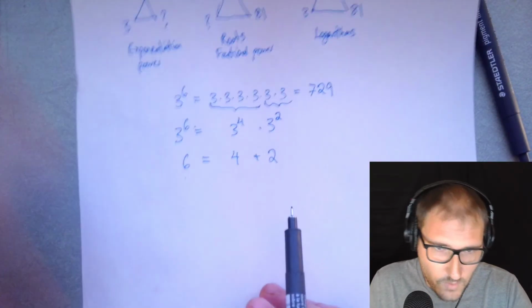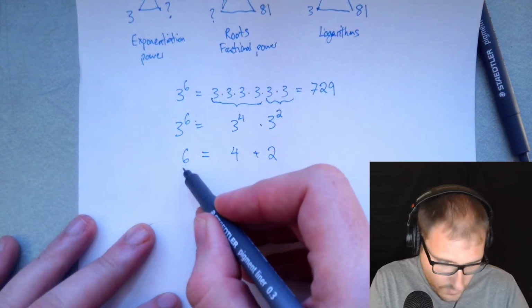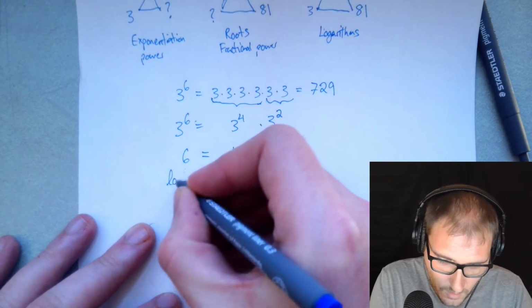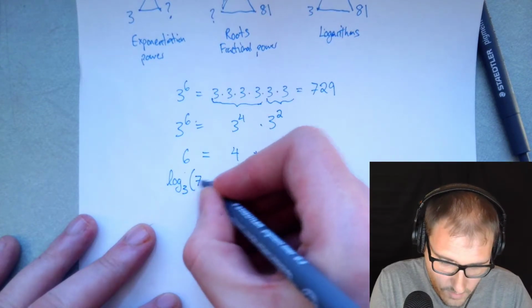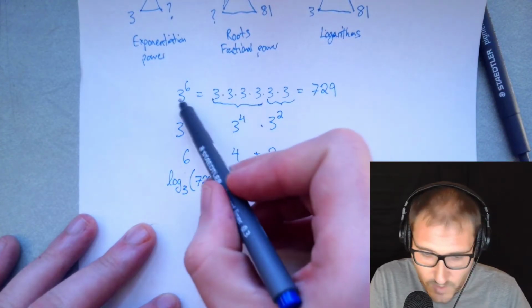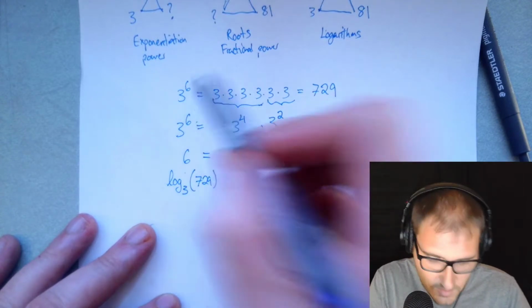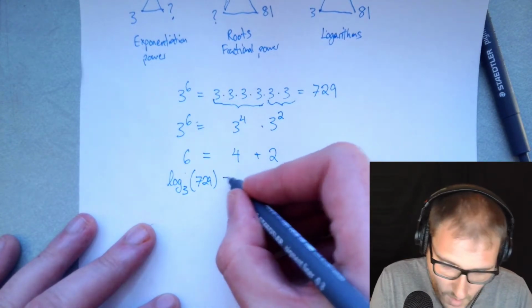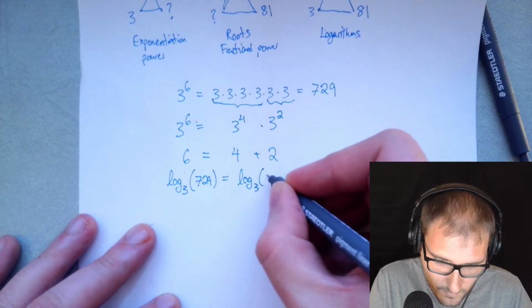If you wanted to write that in terms of logs, 6 is equal to log base 3 of 729. What did I need to raise the 3 to get to 729? I needed to raise it to the 6th power. 4 is log base 3 of 81.